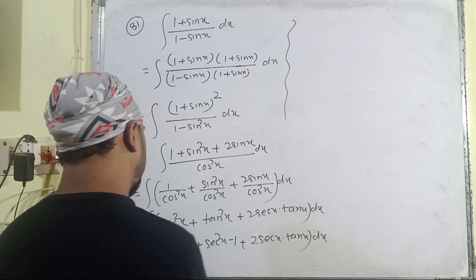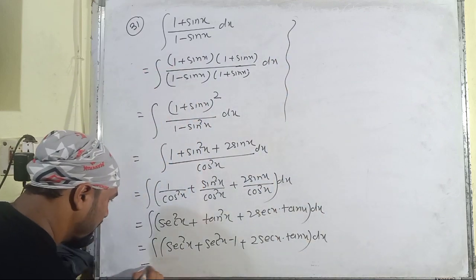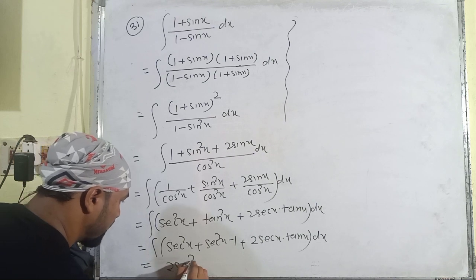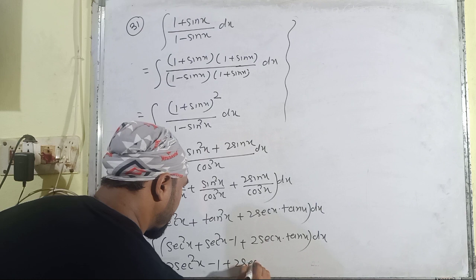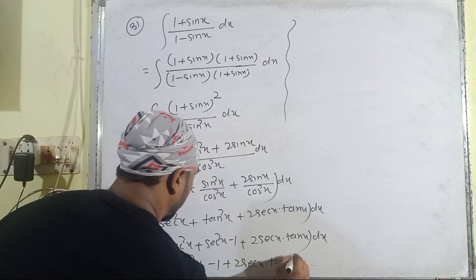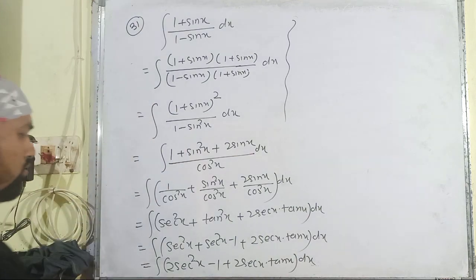Then just separating these terms. Now let us solve the last step here. It will be 2 sec square x minus 1 plus 2 sec x into tan x, and we have to integrate with respect to x here.